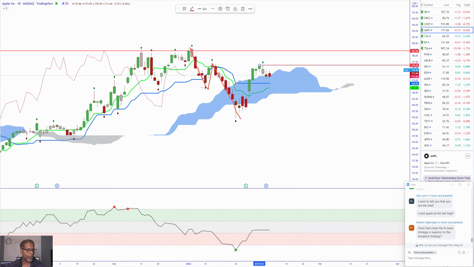If you're talking about breaking this level, that's something different because that's a fractal break. To me, they're good, but they're risky. I don't like to trade the fractal break unless I'm really close to it. Because let's say I take the trade here.